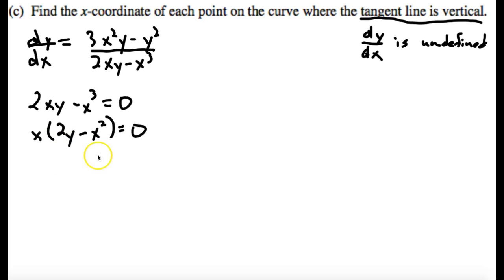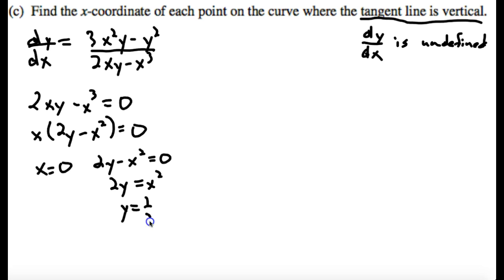So if I set both of these factors equal to 0, I just get x equals 0, and 2y minus x squared equals 0. So here, I can add that x squared over, get 2y equals x squared, divide by 2, right? y is 1/2 x squared.